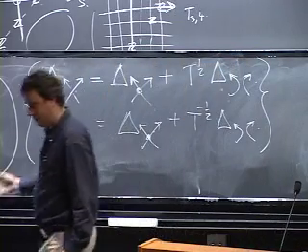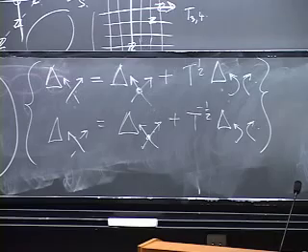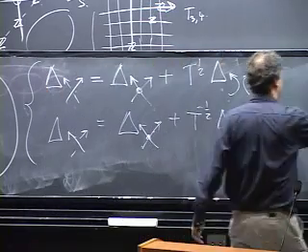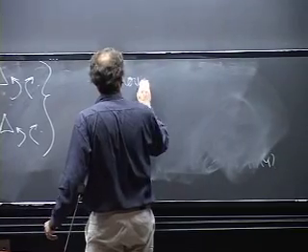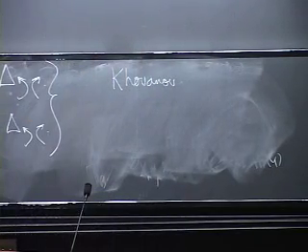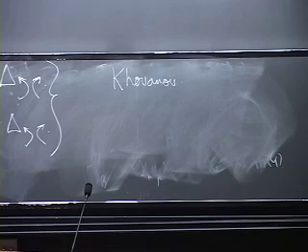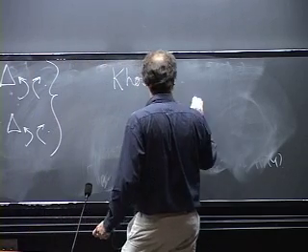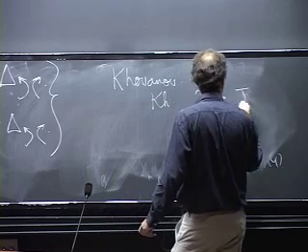And one of the philosophies, this was actually the philosophy upon which Khovanov's beautiful work is based, so I should mention that Khovanov also has a bigraded group whose Euler characteristic is the Jones polynomial.